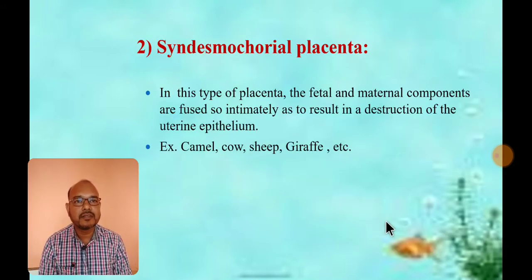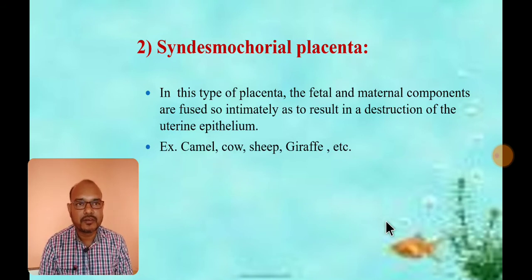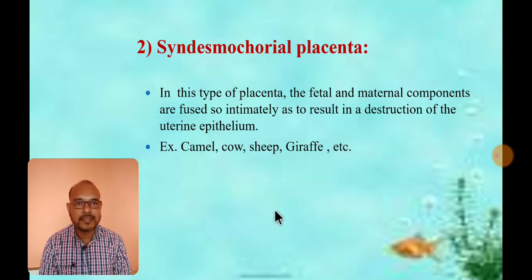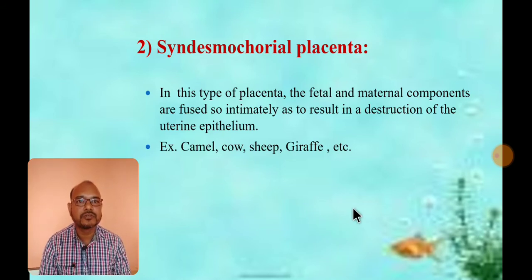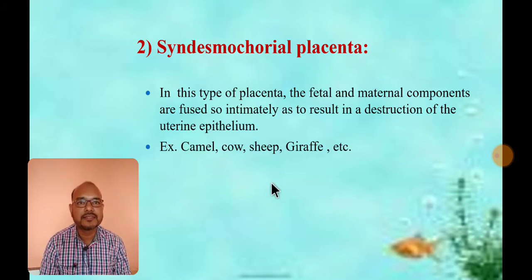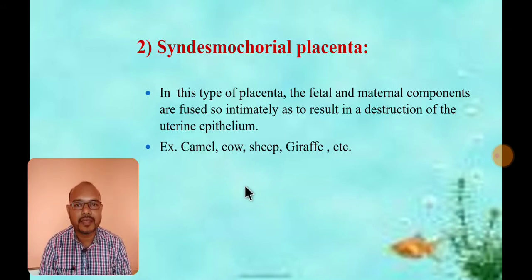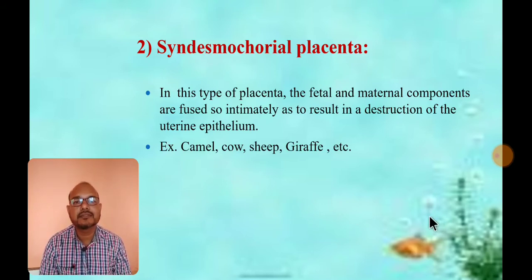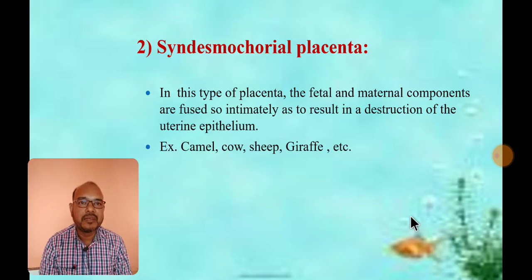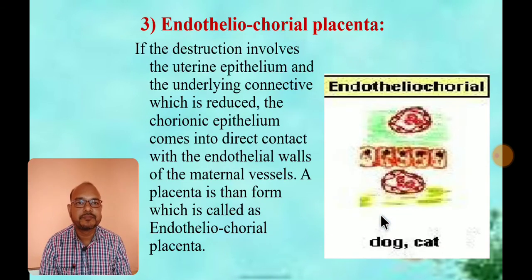The second one, the syndesmochorial placenta. In this type, the fetal and maternal components are fused so intimately as to result in destruction of the uterine epithelium. The best examples are camel, cow, sheep, giraffe, etc. That is one of the mammalian placentations.